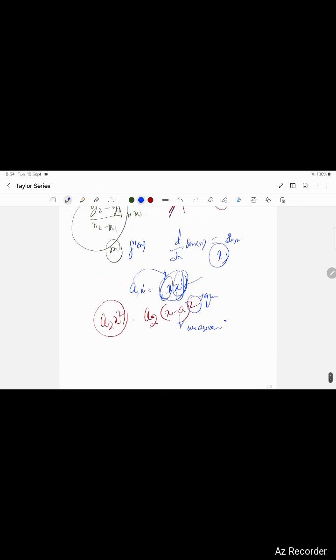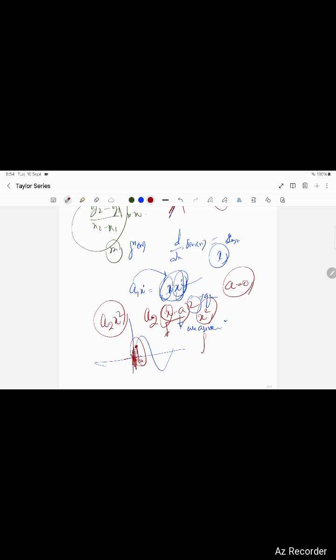Let us suppose we have this sine function and this is the point a. Let us say we put a at 0, so we are evaluating the function at the point 0. Then this can be written as x square.